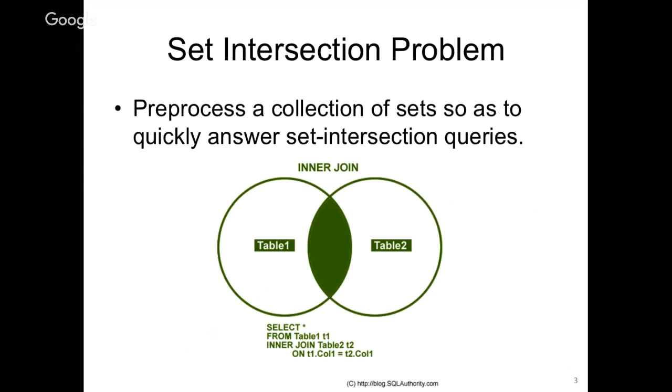And here the idea is you are allowed to spend some time pre-processing these sets to put them into a nice data structure of some kind, so that when you do the query for the set intersections, that goes much faster than what would be possible without simple pre-processing.